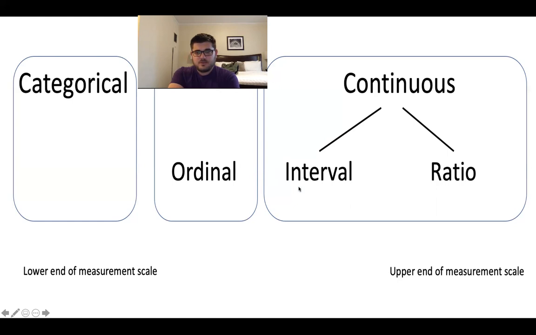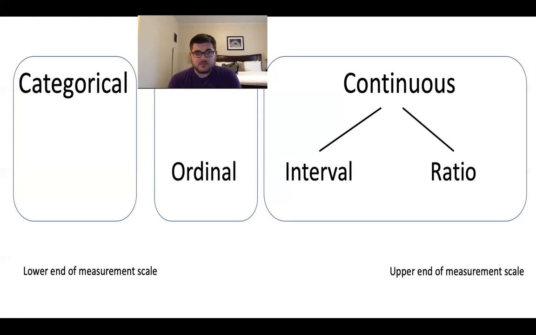What it means to be on an interval scale is that we give you a number that can be anywhere on a continuum, but if you're not ratio, those numbers don't have that kind of meaning to them. If I have an IQ of 200 and you have an IQ of 100, that doesn't mean I'm twice as smart as you, because IQ scores are on an arbitrary scale.